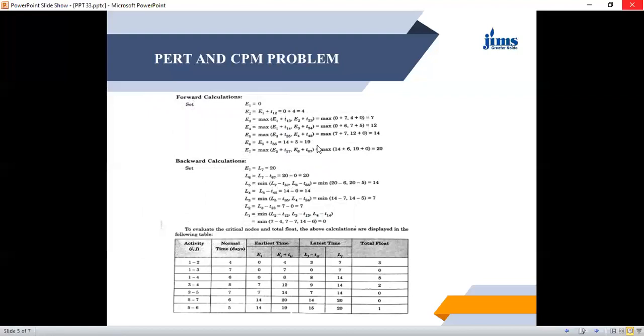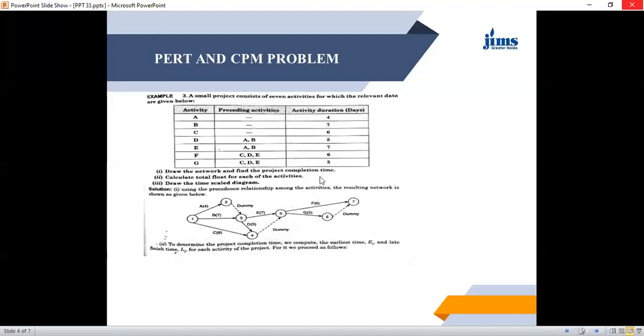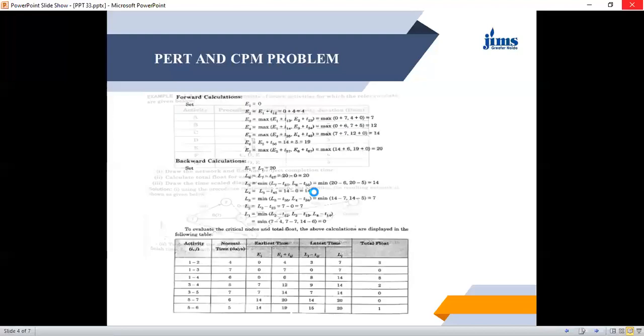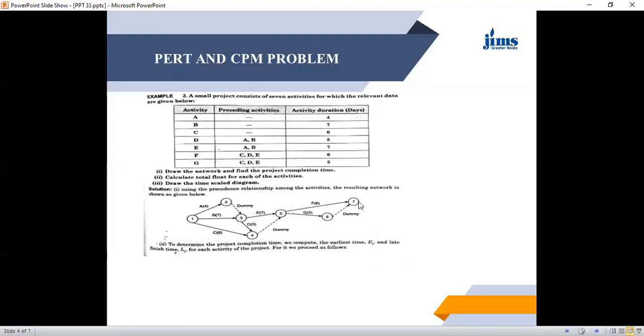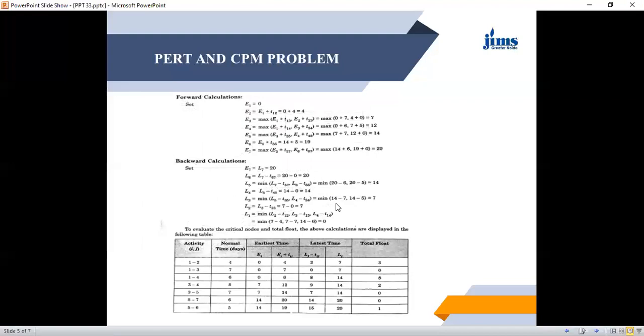And E7, 14 plus 5. E6 was 14 plus 5, 19 days, and this is equal to 6 days. So this will be 20 days. So the maximum is this, 20 days. Now the end activity completes in 20 days. So 20 days is the project duration period.